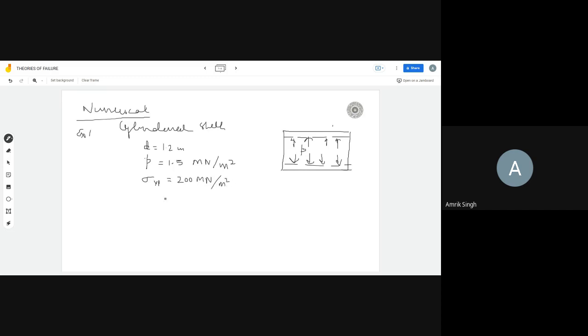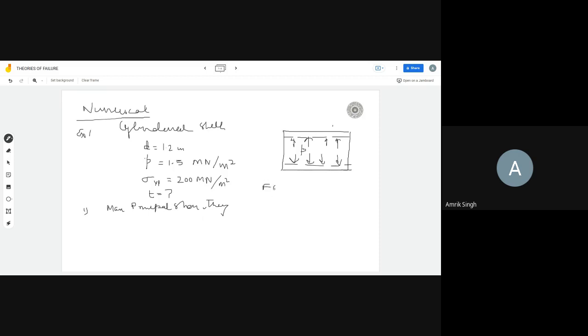So calculate the thickness of the plate. We have to calculate the thickness on the basis of three theories. Number one is according to the maximum principal stress theory.